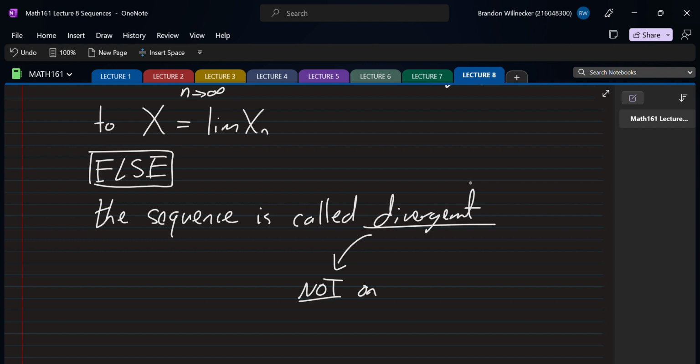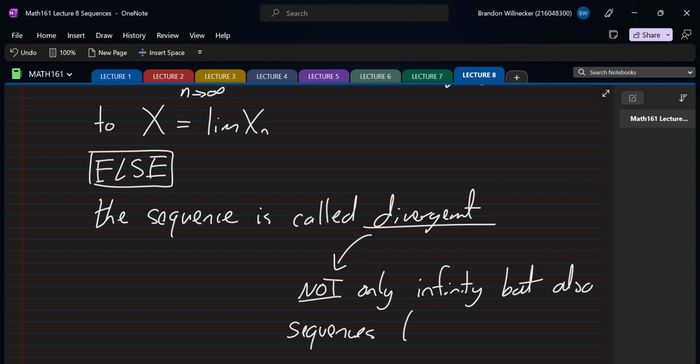So not only infinity, but also sequences that alternate. You may have a sequence that is always finite, always between two bounds, but if it never stabilizes, we also call it divergent.